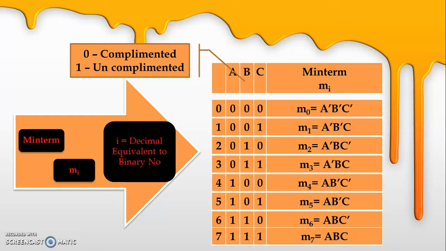So the minterm is known as M7 and it can be indicated as a b c. We can see that a minterm is a product term. We have 3 input variables, so total possible minterms are 8, and according to equivalent decimal number we give suffix number M0, M1, M2, M3, M4, M5, M6 and M7.